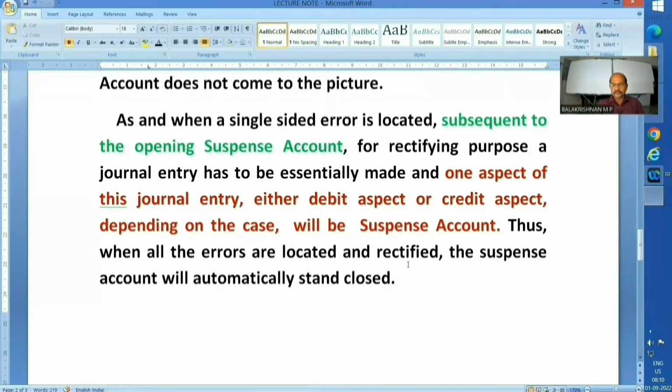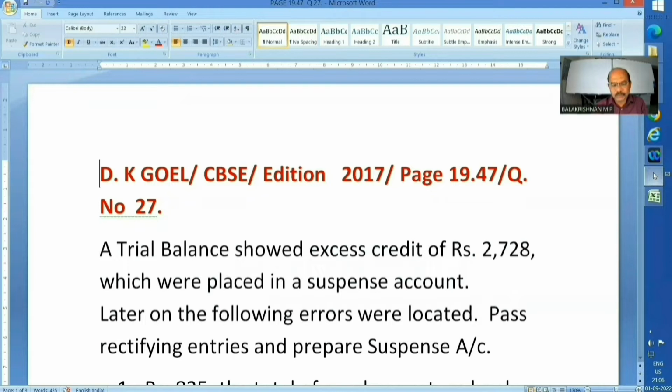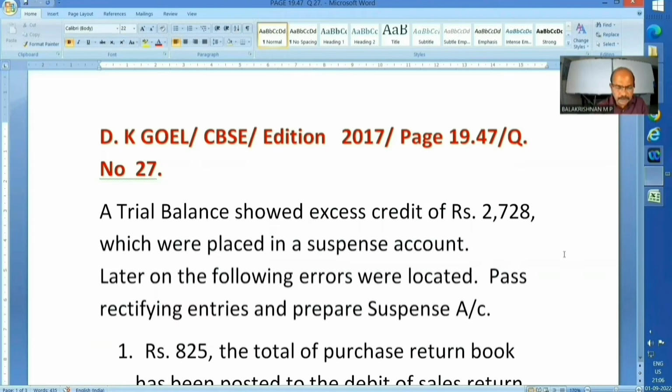Well, students, the first question is question number 27, page 1947, edition 2017, CBSE of D.K. Goyal. Well, it's as follows. A trial balance showed excess credit of rupees 2,728, which was placed in a suspense account. Later on, the following errors were located.